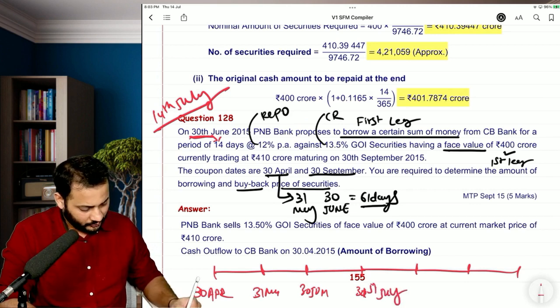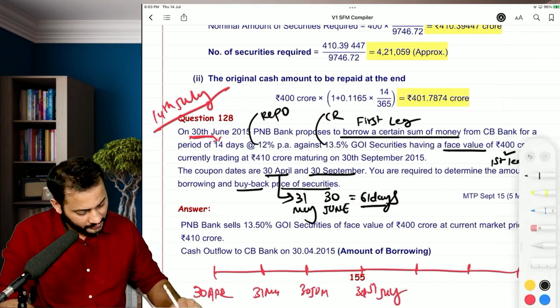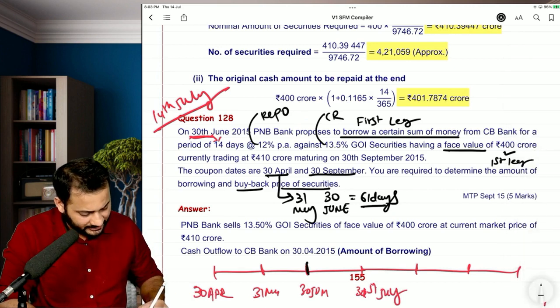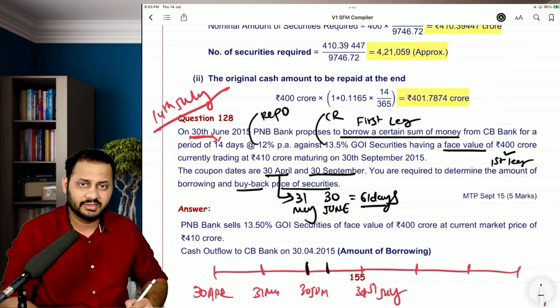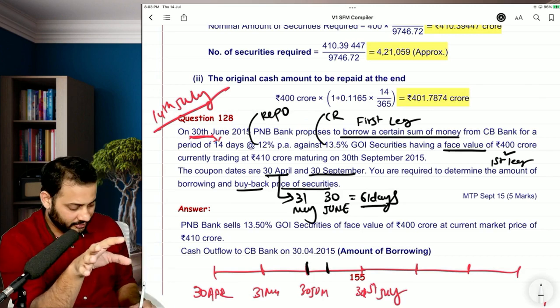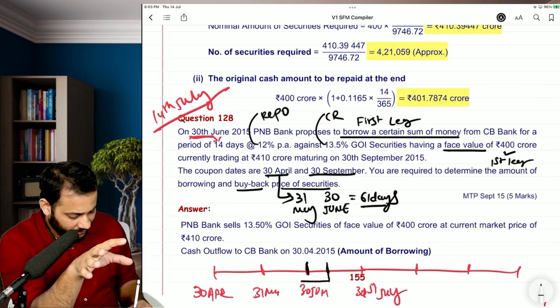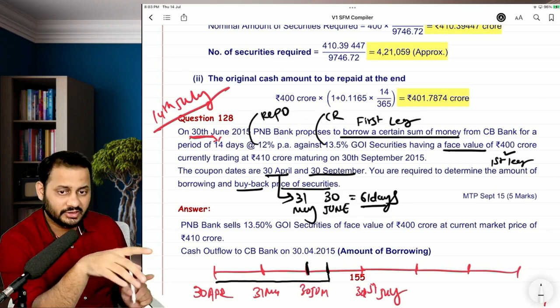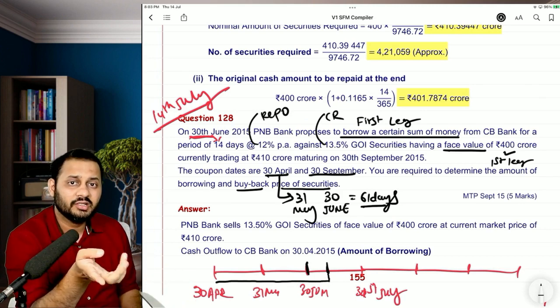Okay. Now, you sold the bonds at this date and you purchased it back at this date. We can clearly say that the accrued interest now is for this much of the period included in the bond.